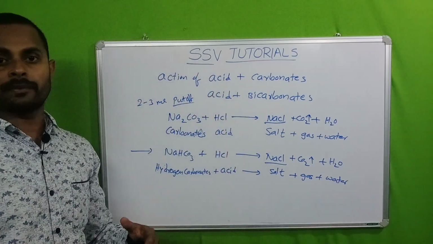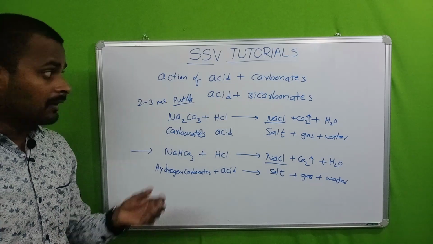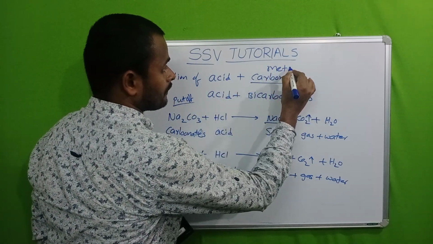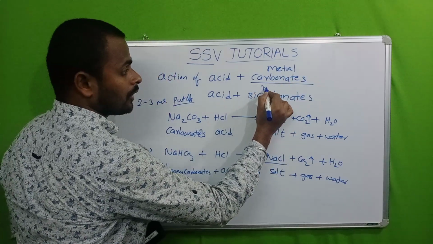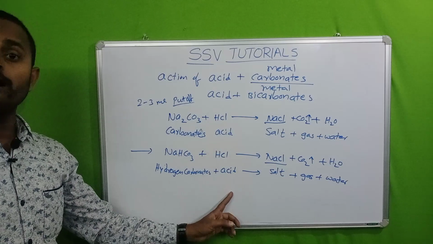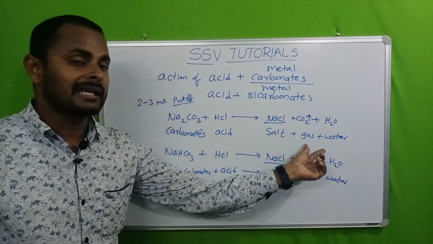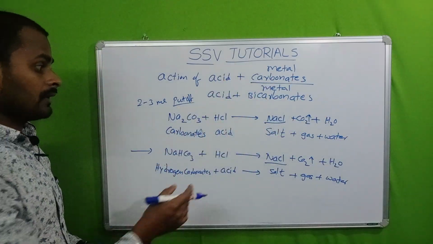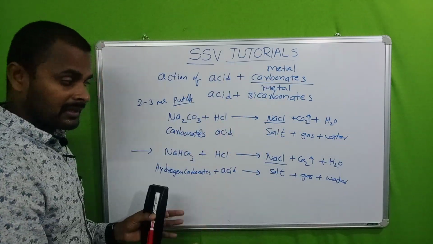By this experiment, we understand that when a metal carbonate or metal bicarbonate reacts with acid, what do they form? Salt, gas. What gas is it? Carbon dioxide, and water are formed in those particular reactions.